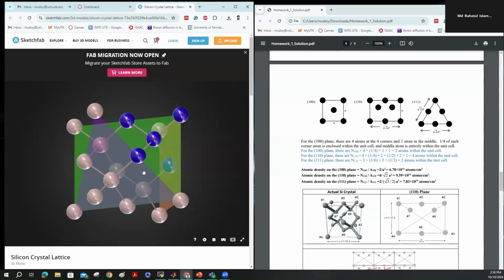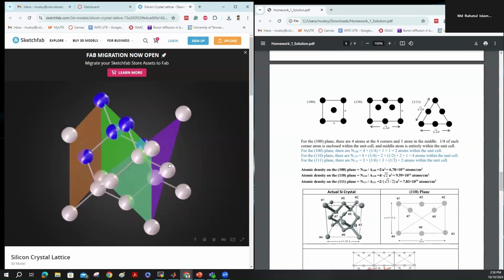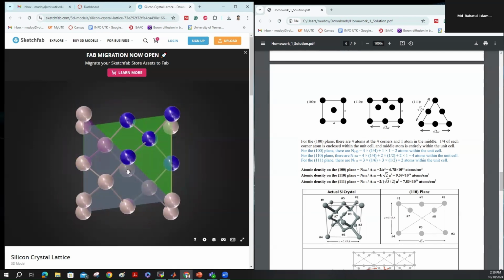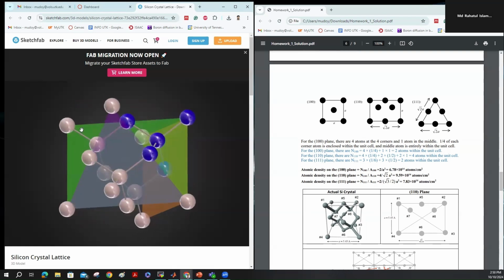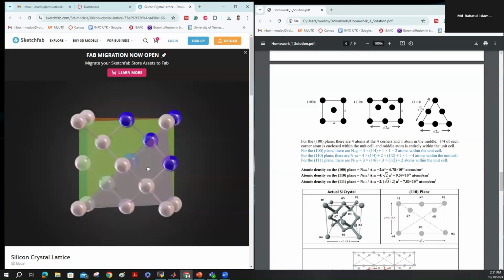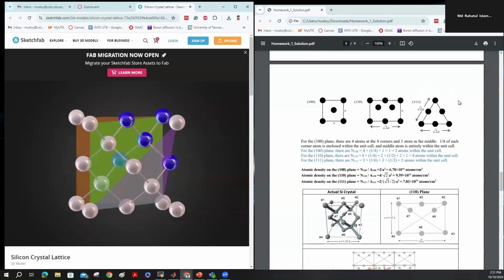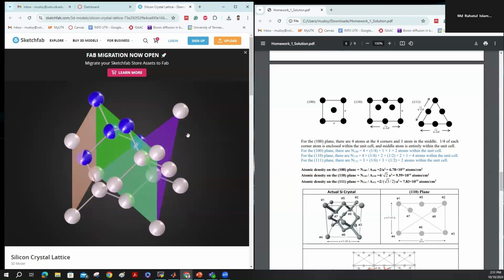So we have three atoms in the middle of the sides and three atoms in the three corners of the triangle. And I think that's it. There are no more atoms in this plane. So these three corner atoms and these three atoms which are in the middle of the sides. So this is the one plane, and actually this picture comes from right here.